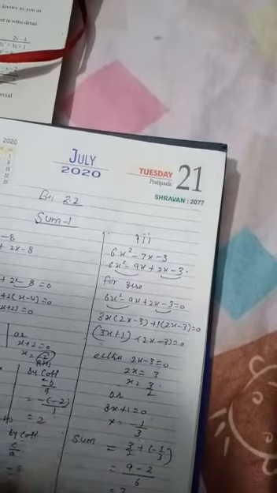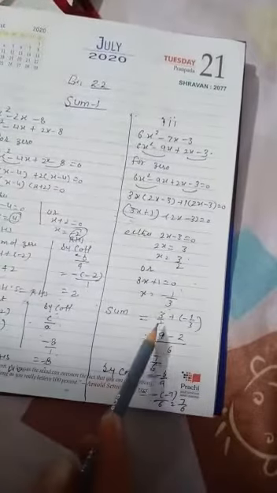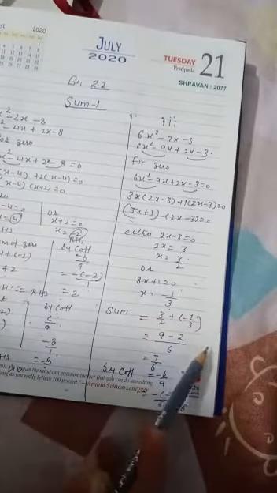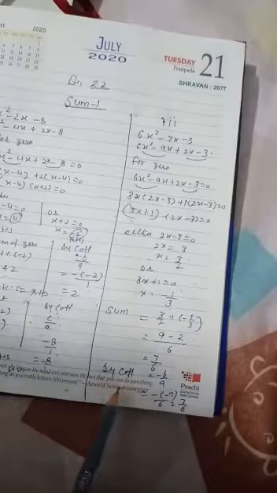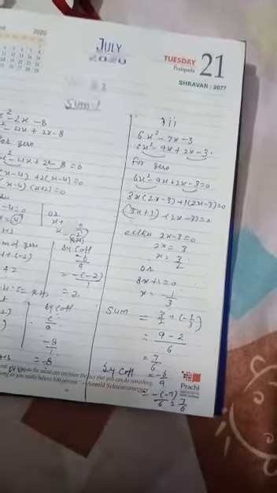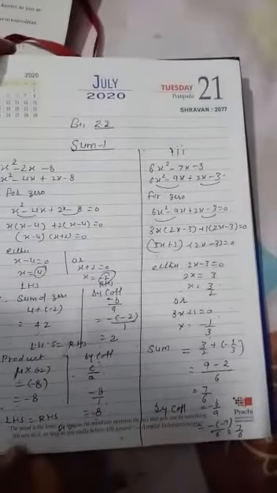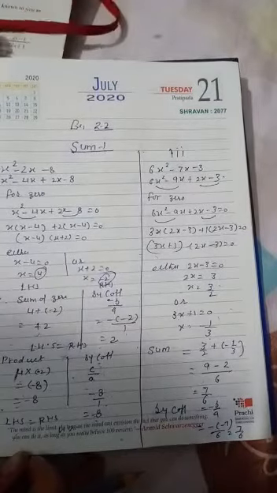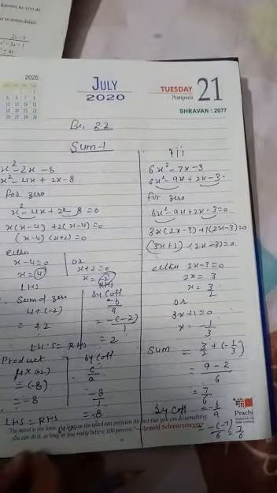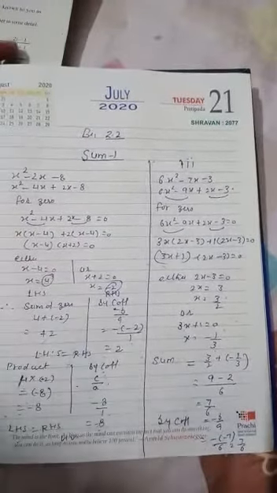Then again you have to verify. One sum I am going to verify, the other you will do yourself. That is 3 by 2 plus minus 1 by 3, which is 9 minus 2 upon 6. By the coefficient formula it is minus of minus 7 by 6. I think the first sum is clear. Tomorrow we will do the rest, the second sum and 2.3. Okay, bye students. Do this much.